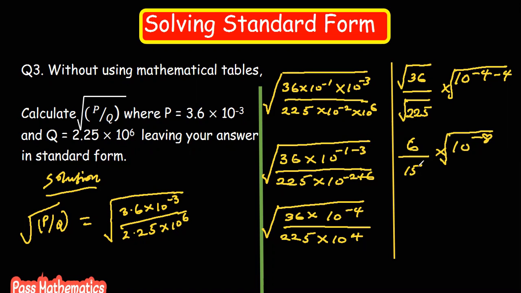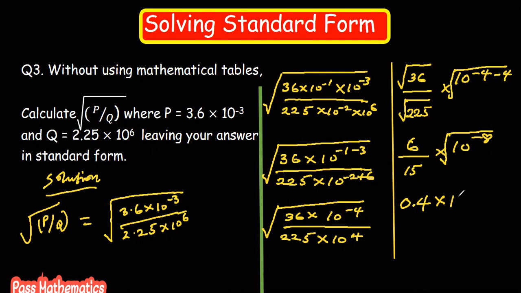So 6 divided by 15: we have 0, and we put 0 here, so we should have 4. That is 15 and 60. We should have 4. So we're having 0.4, times 10 raised to the power of minus 8.